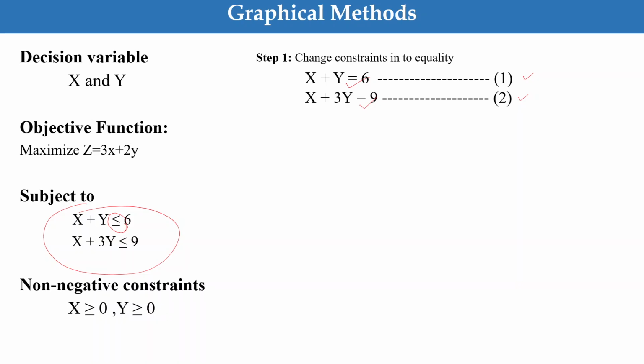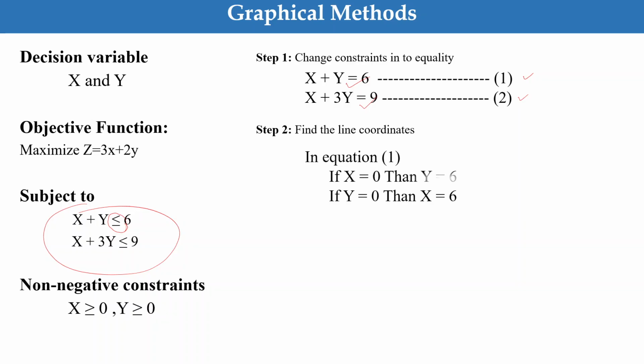Now the second step is, in step 2, we find the line coordinates. How do we find the line coordinates? We take equation 1. In this equation, first we'll say x is equal to 0.